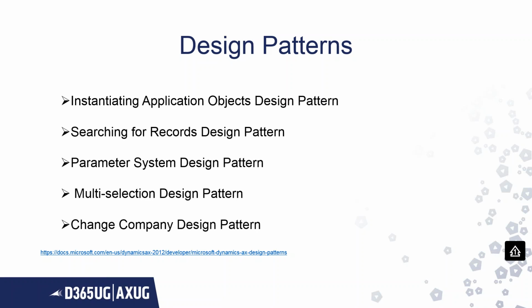But what design pattern should a developer keep in mind when trying to code? There are several design patterns prescribed by Microsoft. The ones we are going to discuss today are, first, the instantiating application objects design pattern. Then the searching for records design pattern, parameter system design pattern, multi-selection design pattern, and change company design pattern.